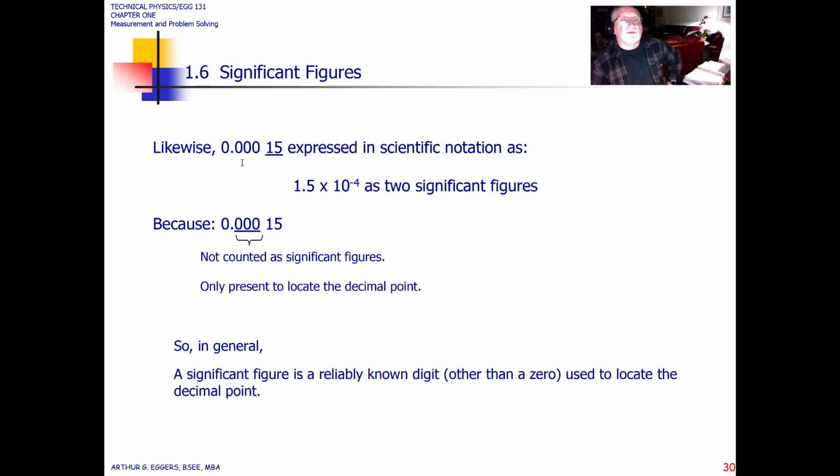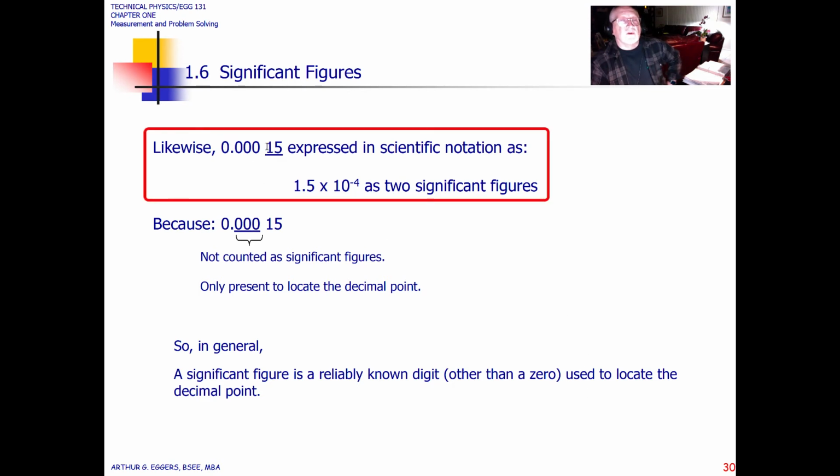Likewise, if we have an expression that has 4 zeros ahead of the 2 significant figures, 0.00015, expressed as scientific notation, we reduce the value down using the factor of 10 to the minus 4, by moving the decimal point 1, 2, 3, 4 places to the right, and depict the exponential then as 10 to the minus 4, because we moved it 4 to the right.